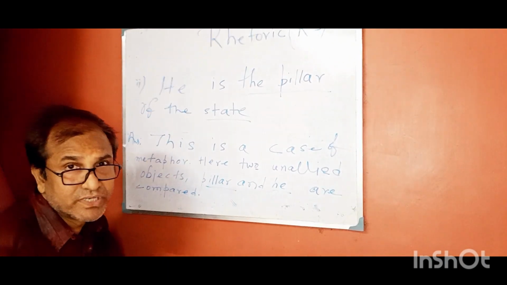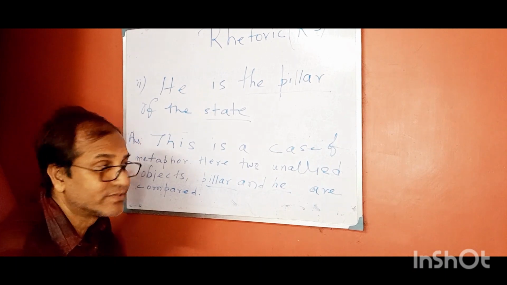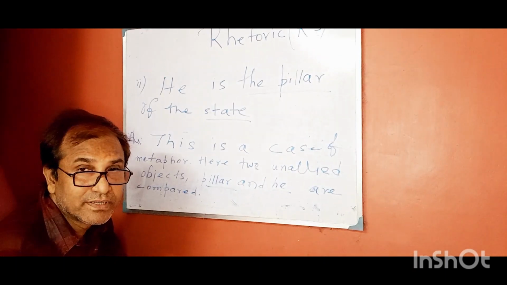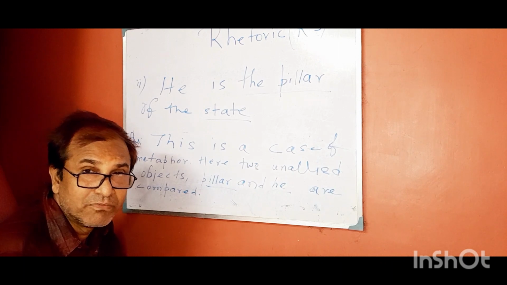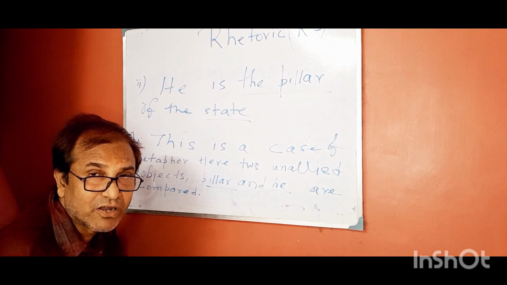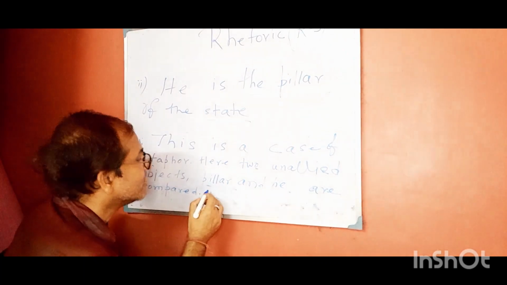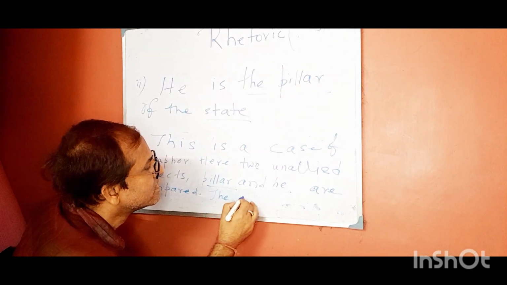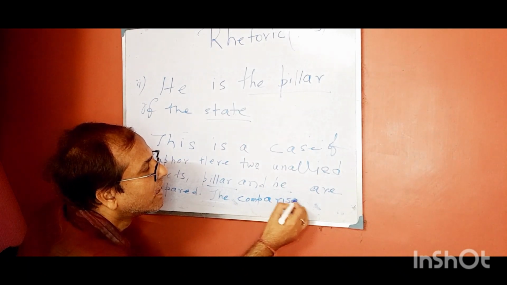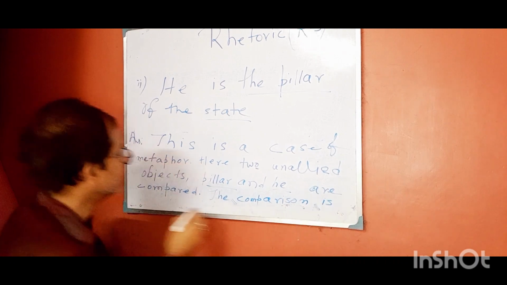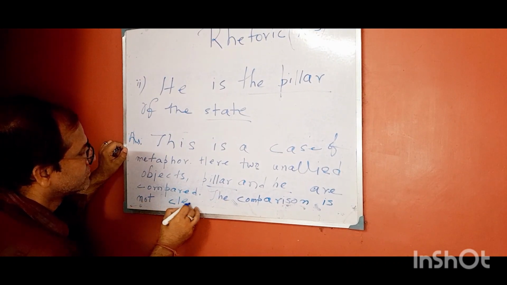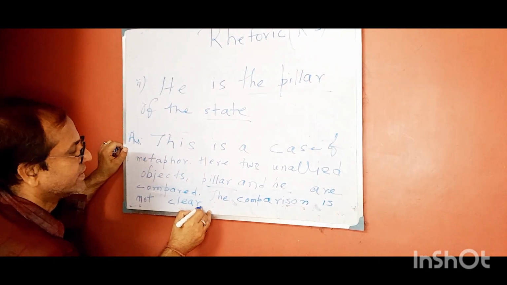You have to write it in the previous question too. The camel and sheep, the two unallied objects, are compared. The comparison is not clear.